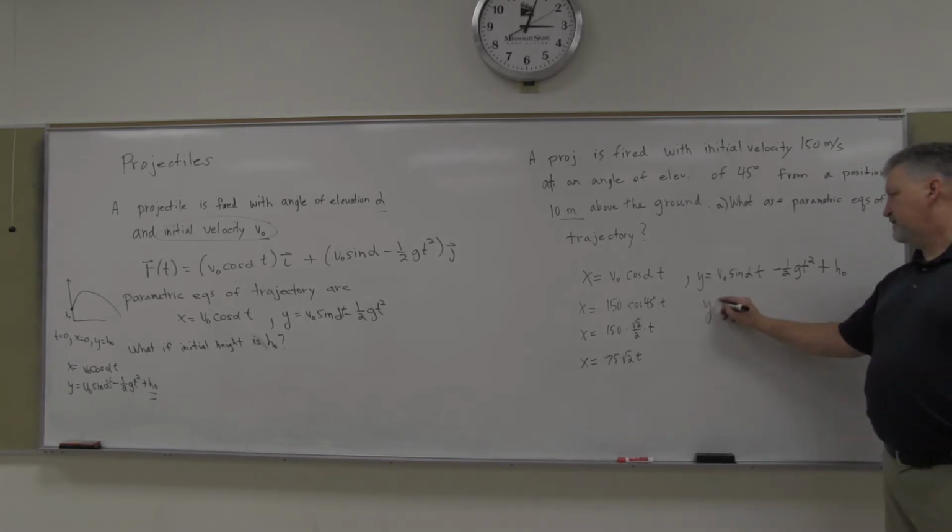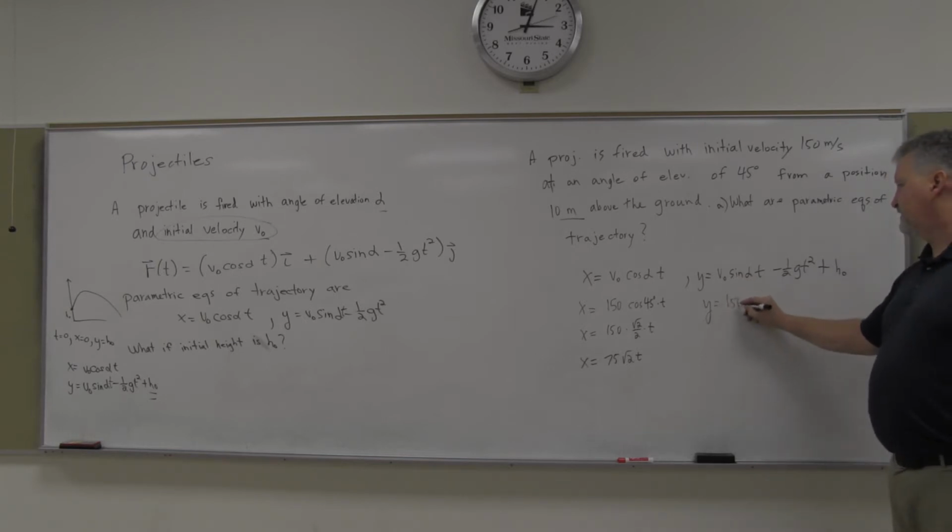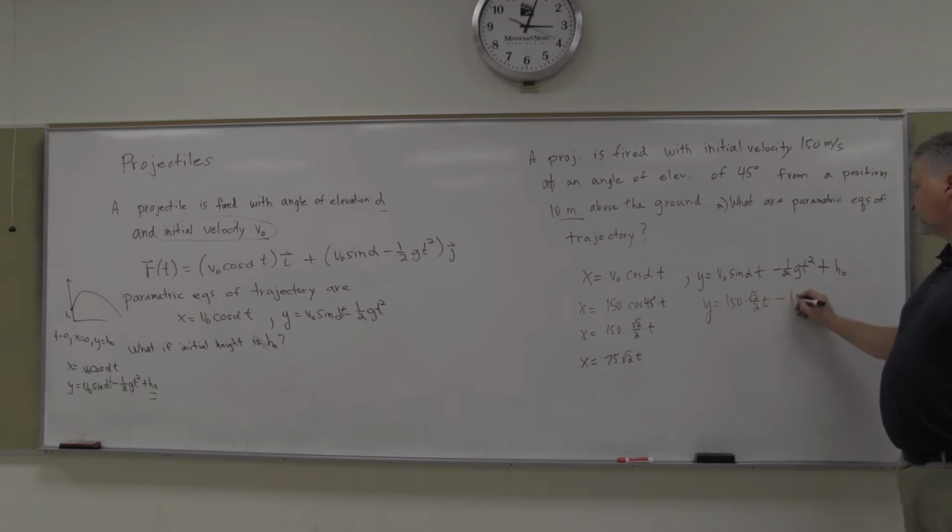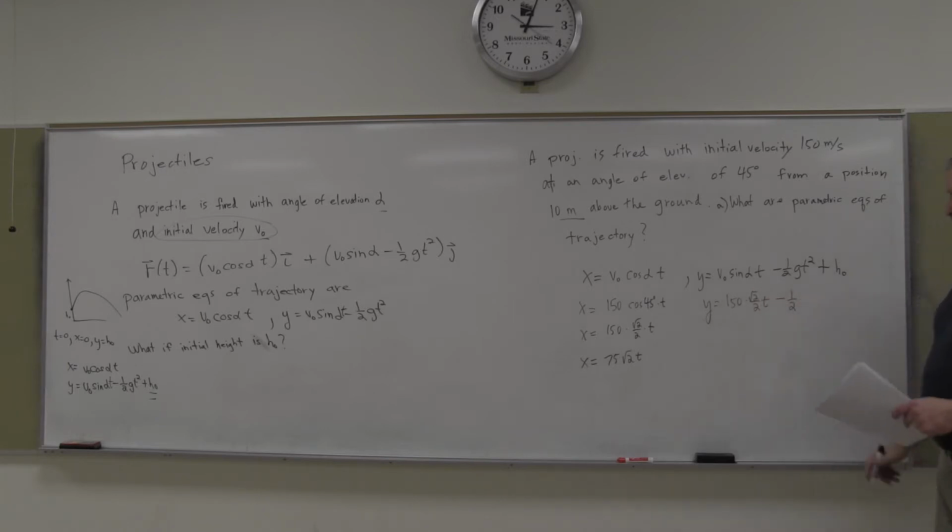All right, then the y is v0, 150, times sine of alpha, alpha again is 45, so that would be square root of 2 over 2 again, t, minus 1/2 g t squared plus h0, the height, so plus 10.